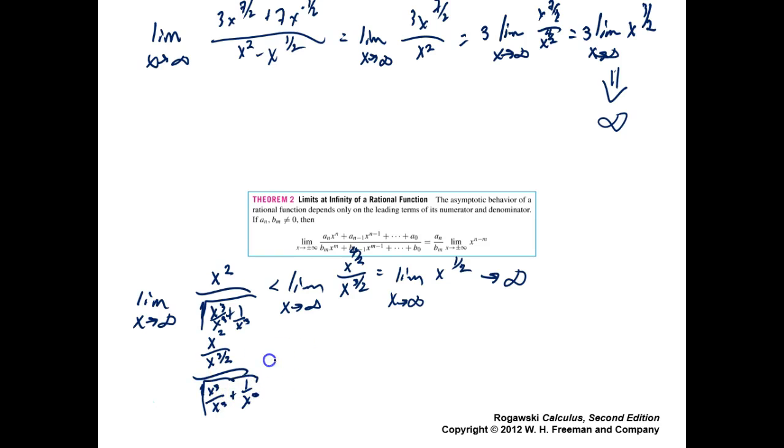Now, if you do that and take the limit, this again will be x to the 1/2 power, just like we did before, and this would be the square root of 1 plus 1 over x cubed, and as x goes very large, this is going to 0. So that would just give you something going to infinity over something going to 1.